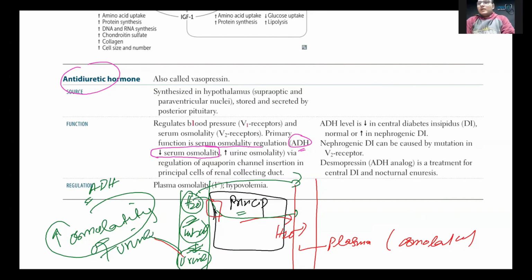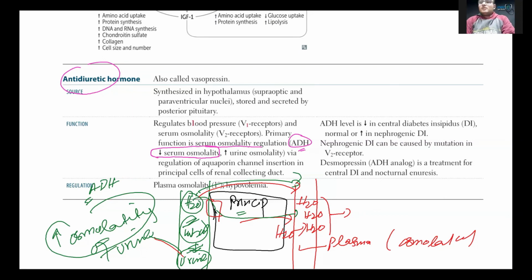Next, now water is being added, so there is more water here in the plasma. What will happen when we add more water in a system? The already present solute is the same, so adding more water causes a relatively decreased concentration of ions.